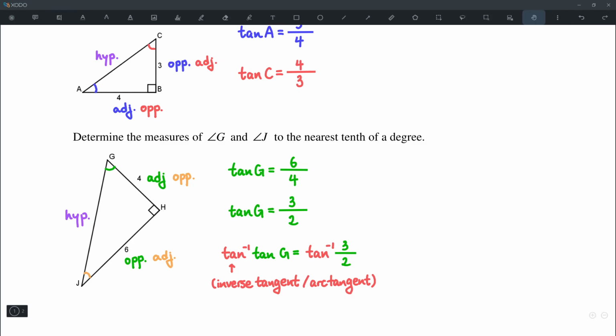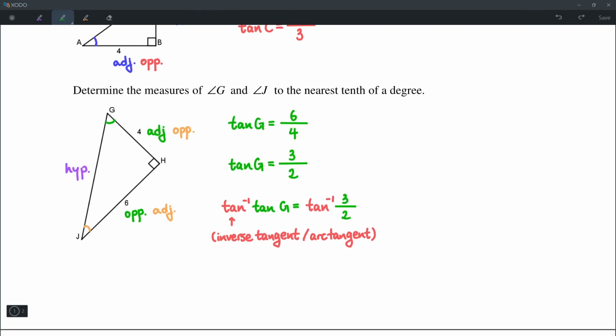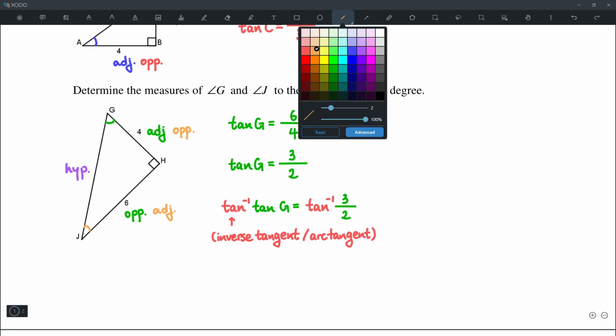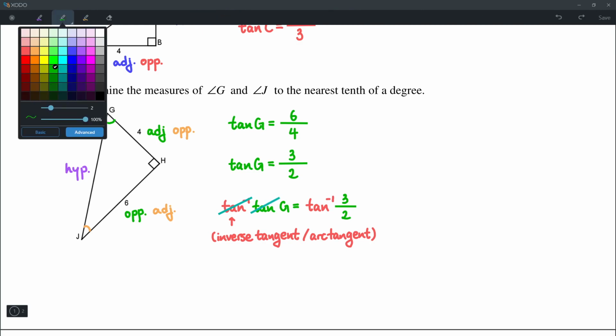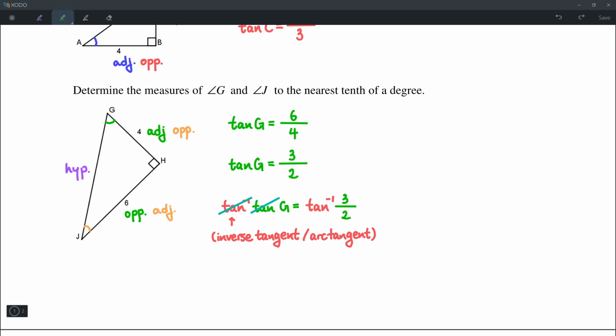After all of that, on the left-hand side, inverse tangent and tangent will eliminate each other, and we'll be left with G itself. On the right-hand side, we have arctangent, or inverse tangent, of 3/2.